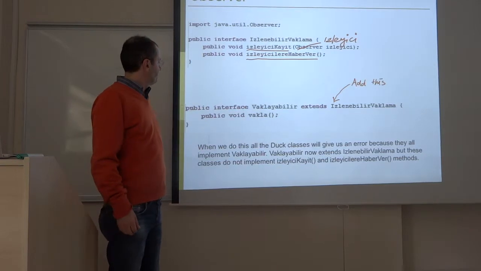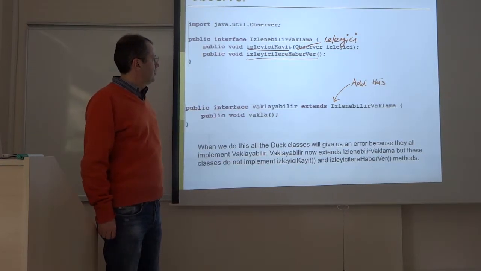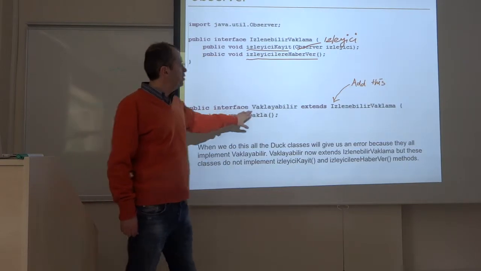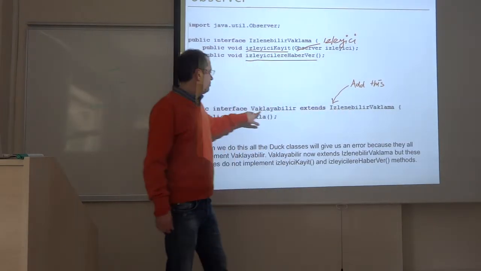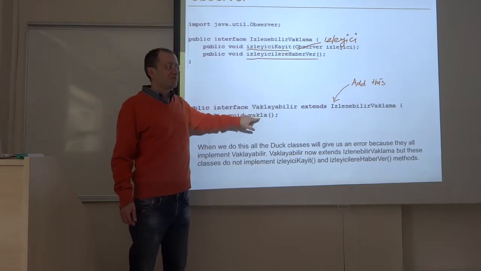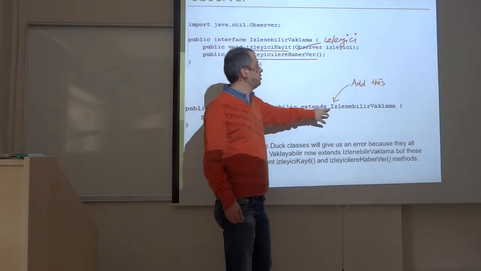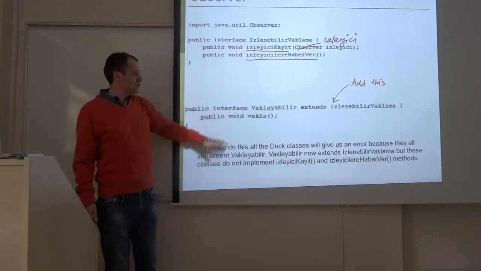And what will happen is I have to implement these things as well, because I'm having an interface which is extending another interface, and that interface requires me to do this.